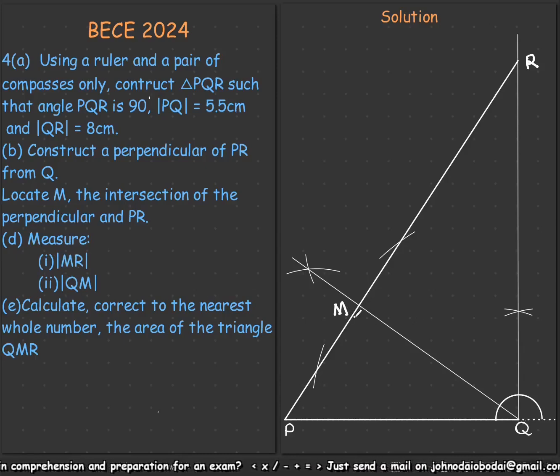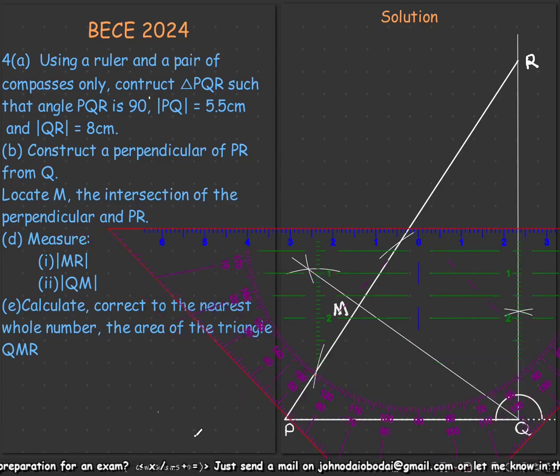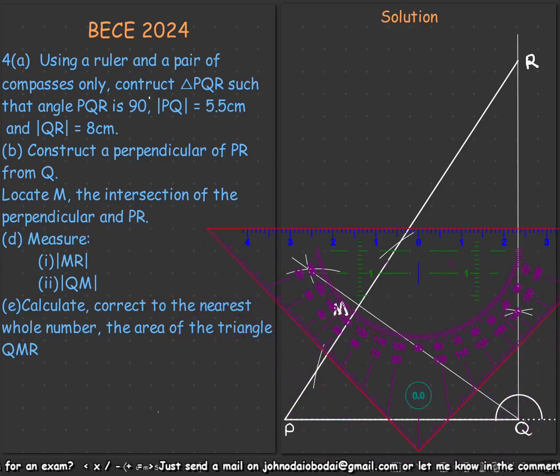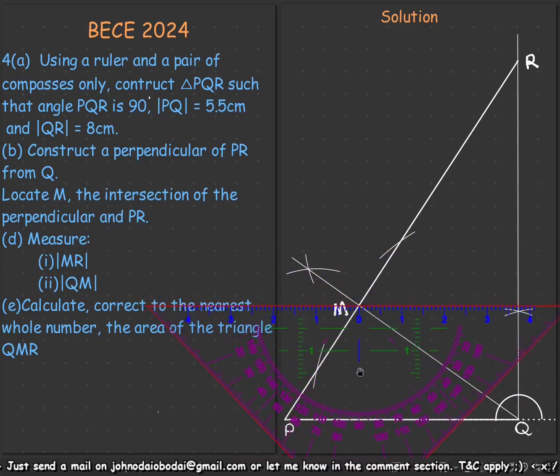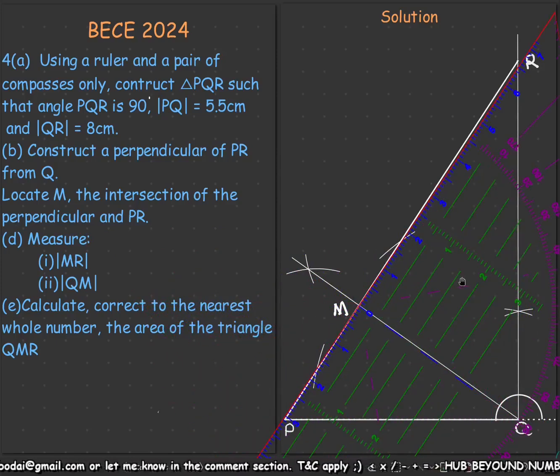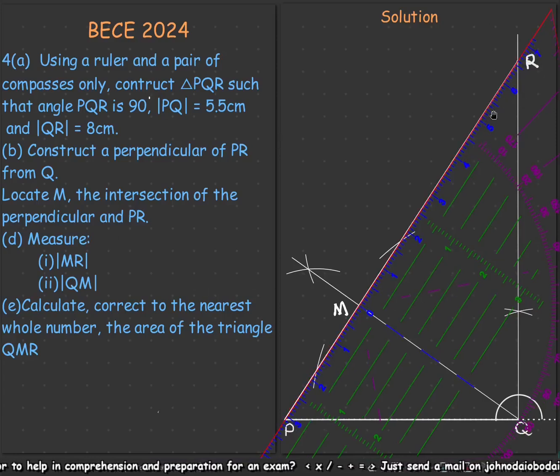MR. So from M to R, let's measure that. So you take your ruler and then you align it to MR so that you measure. Now if I look at mine carefully, my MR is around 6. It has passed 6.5, but then it's on 6.6.